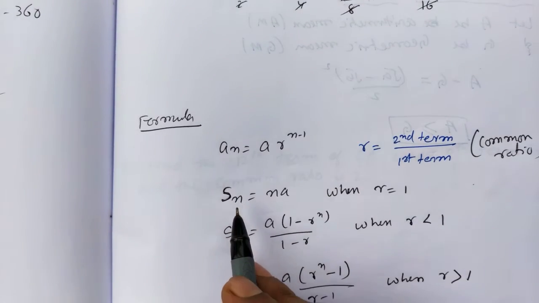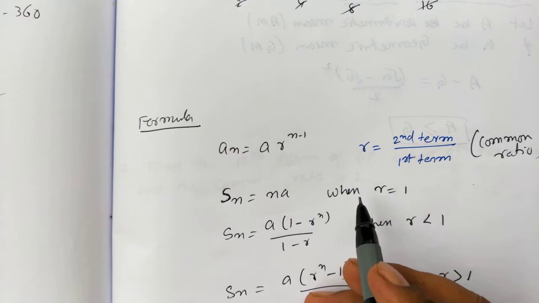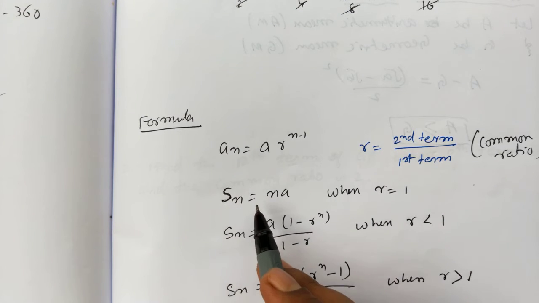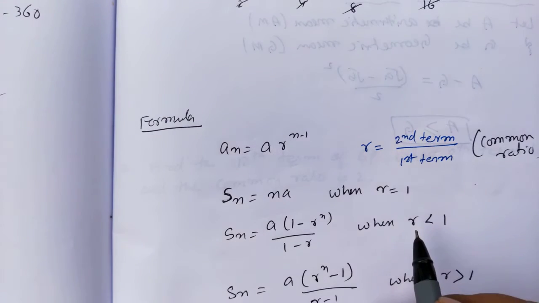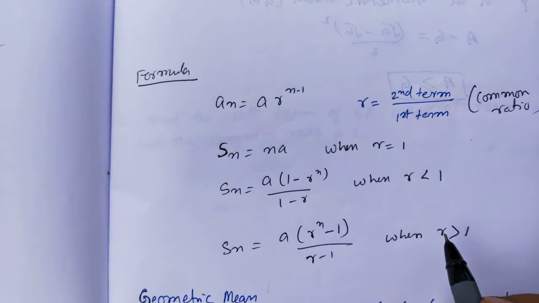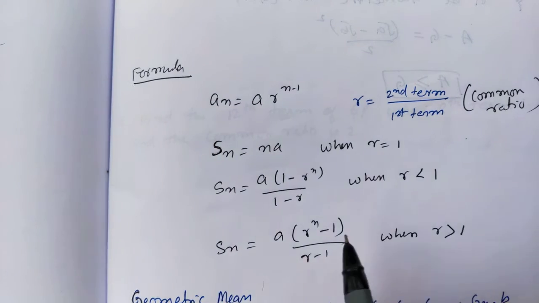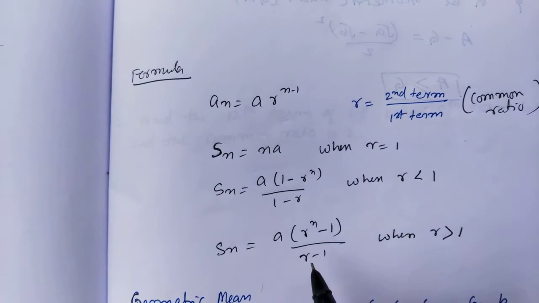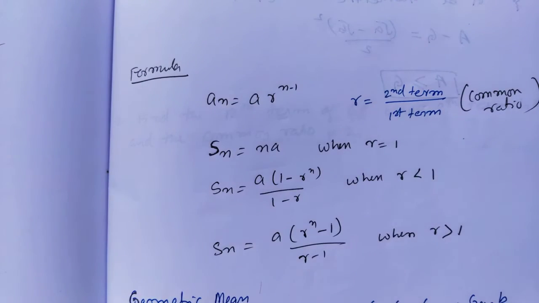The Sn, if r is equal to 1, if the common ratio is 1, sum of n terms is na. If the common ratio r is less than 1, we use a(1 - r^n)/(1 - r). If the ratio is more than 1, we use a(r^n - 1)/(r - 1). This is the formula.